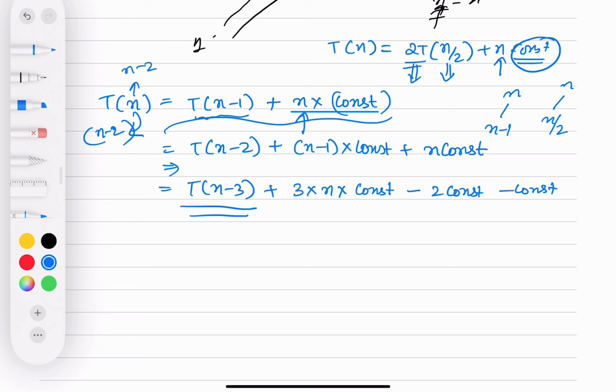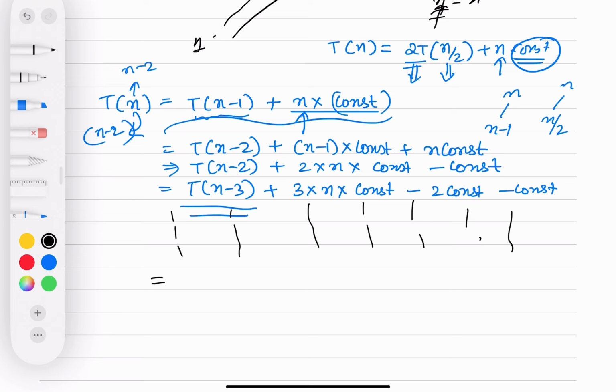Why I got it? Because from the above example, T(n minus 2) is nothing but 2 into n into constant minus constant. So now you might have got the terms. So can I write T(n minus k) plus 2 into n into constant, 3 into n into constant, can I write k into n into constant?